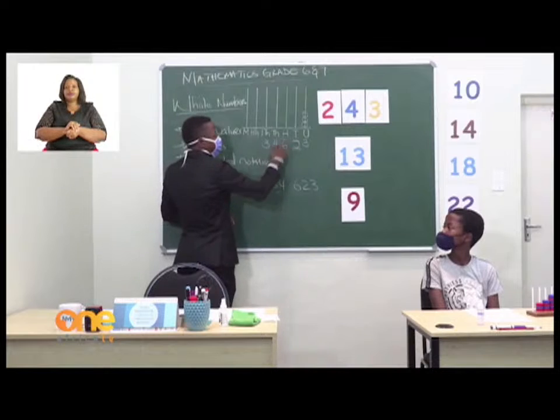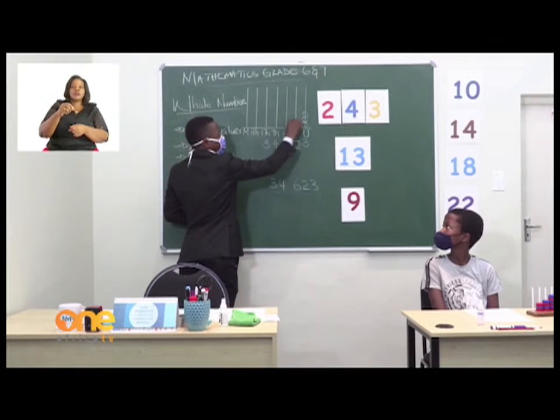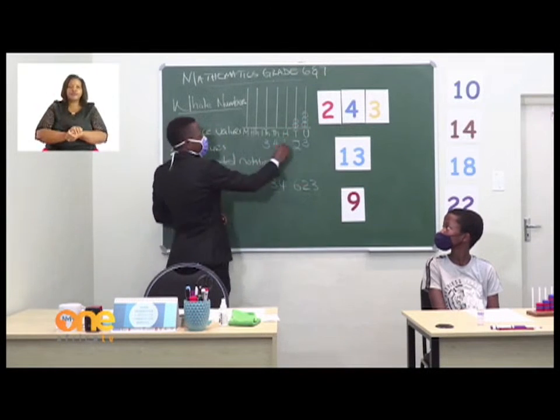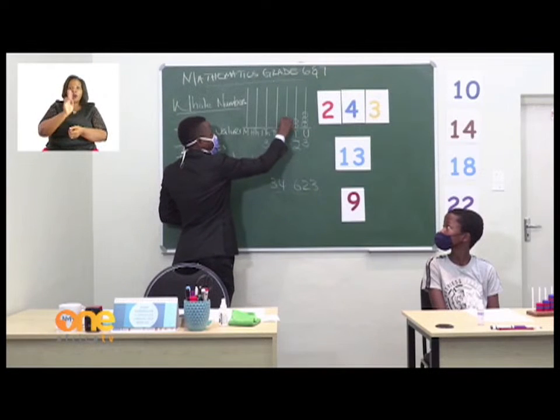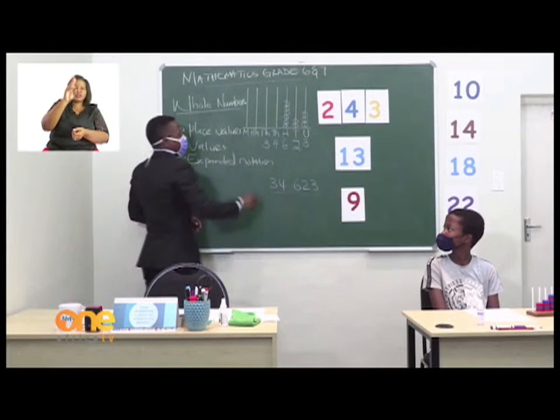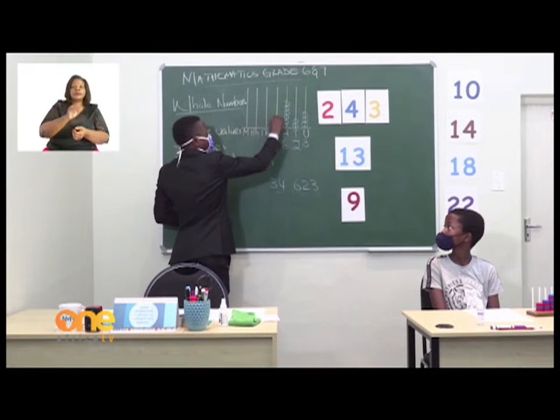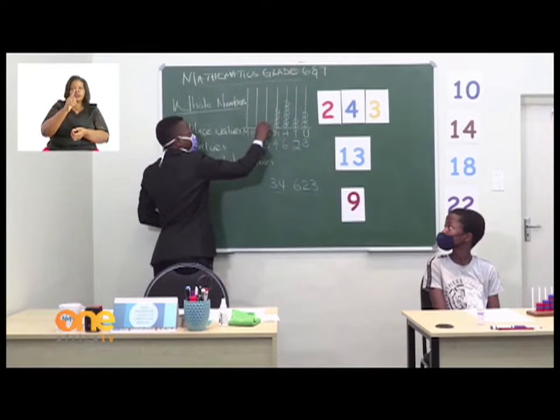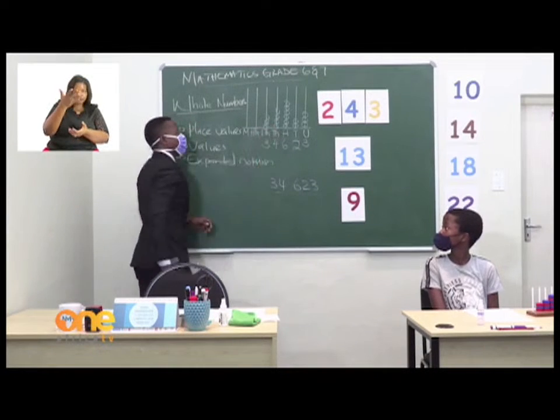For tens, we have 2. For hundreds, 1, 2, 3, 4, 5, 6. Then 1, 2, 3, 4, and 1, 2, 3.